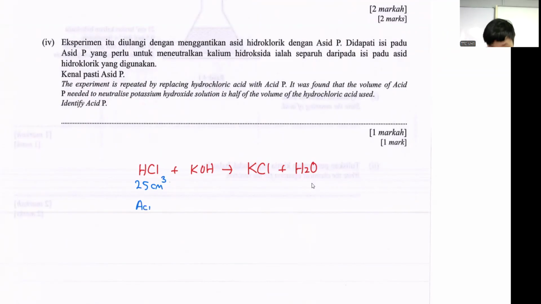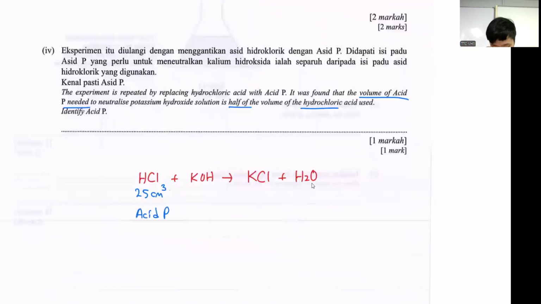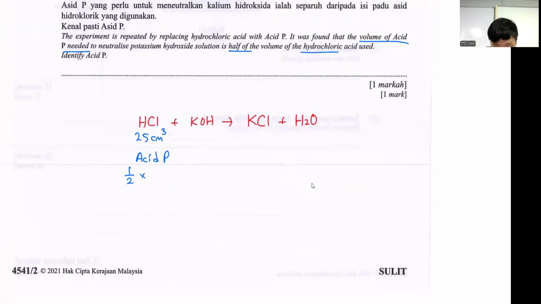If they use acid P, the volume of acid P needed is half of the volume of HCl, which is 12.5. Acid P only needs 12.5 cm cube to neutralize the 25 cm cube of KOH.